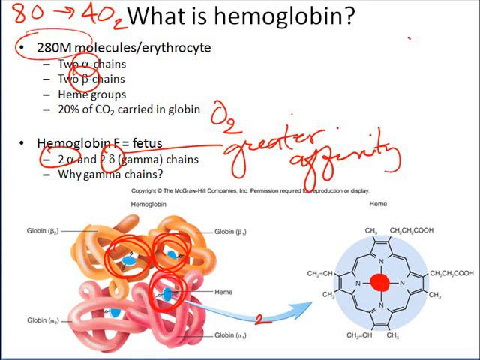By having fetal hemoglobin with these gamma chains that have a stronger affinity for oxygen, what this means is that the baby or the fetus's blood cells with its fetal hemoglobin will be able to pull the oxygen molecules off of mom's hemoglobin atoms and attach them to the fetal hemoglobin.